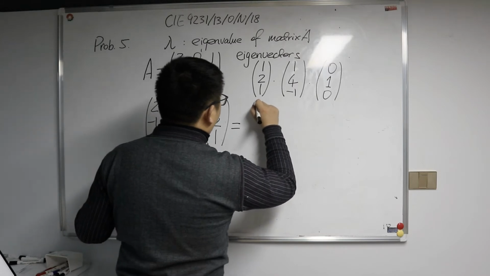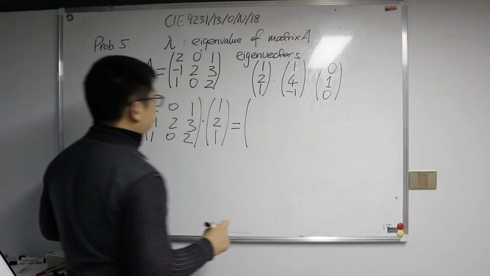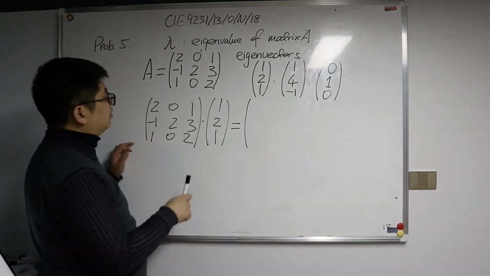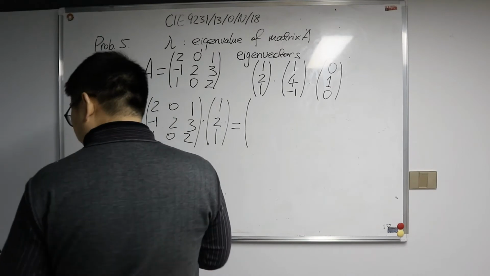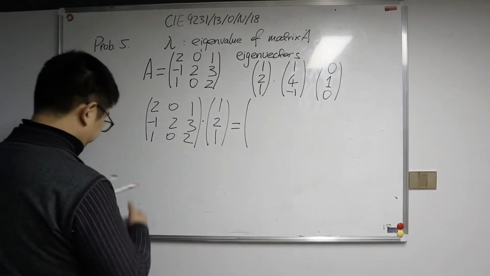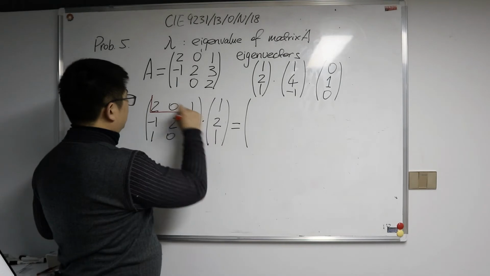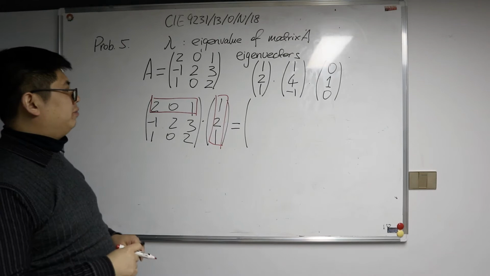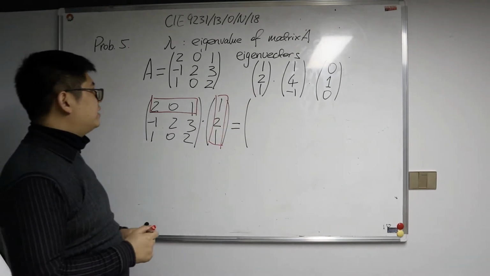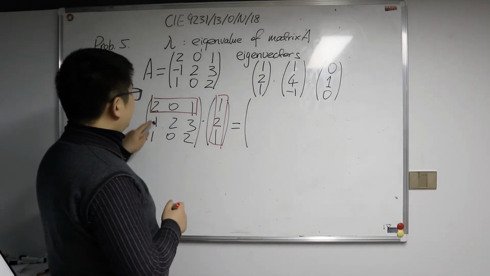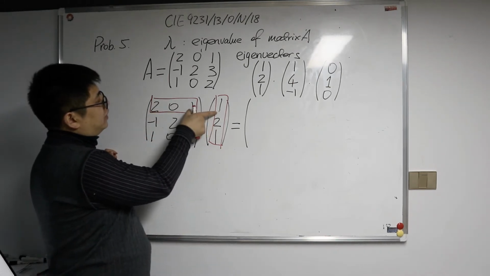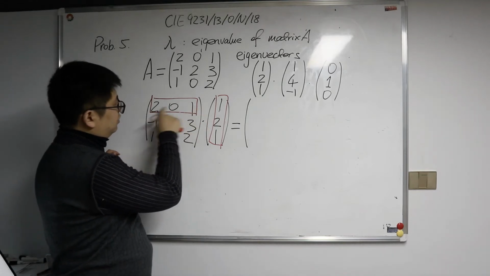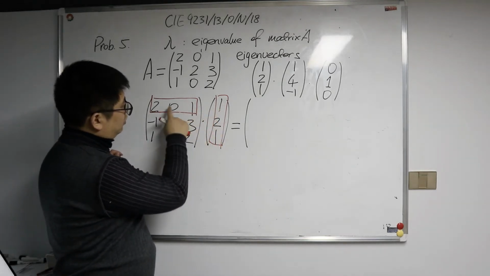Actually, we just pretend to do some calculation, because we only have to compute just one element, because we know the eigenvectors. By dot product of these two three-dimensional vectors, we get this: 2, 0, 1.